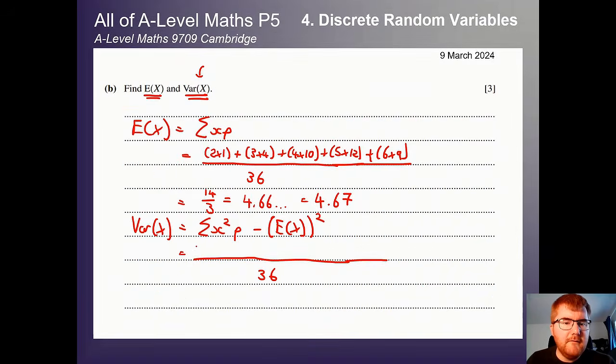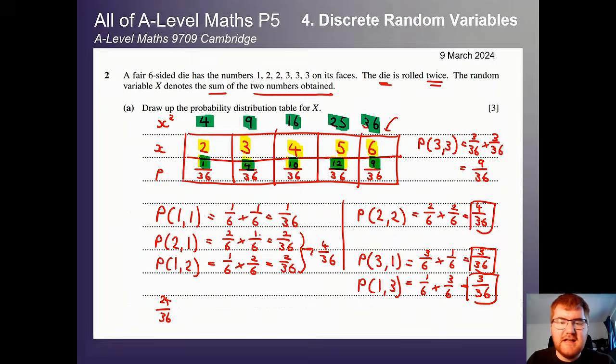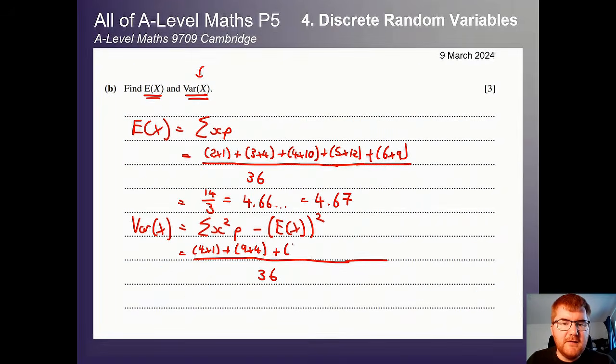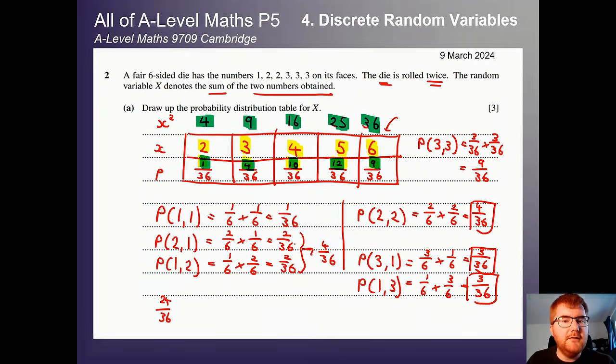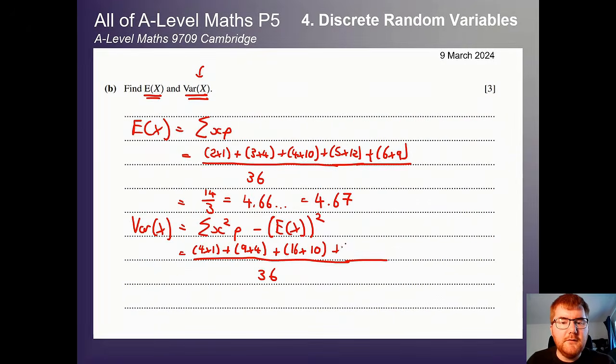So we have 4 times 1 plus 9 times 4. Notice all the x values have been squared here. 16 times 10 plus 25 times 12, 36 times 9. Double check, yeah, it's all good.